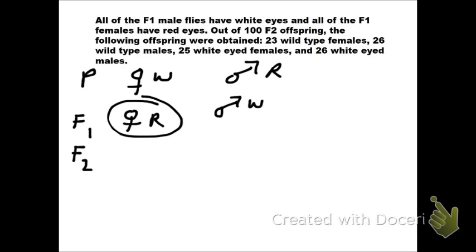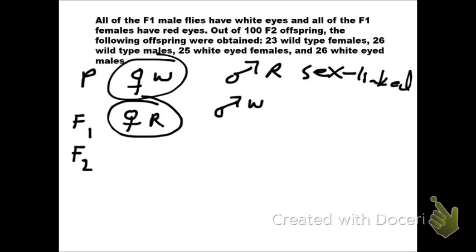Whenever that's the case, a good bet about your mode of inheritance is that it has something to do with the sex chromosomes, that it's sex-linked. We know this white eye color trait can't be Y-linked because females are getting it sometimes. So if it's sex-linked and it's not Y-linked, that tells us that this trait is most likely an X-linked trait.